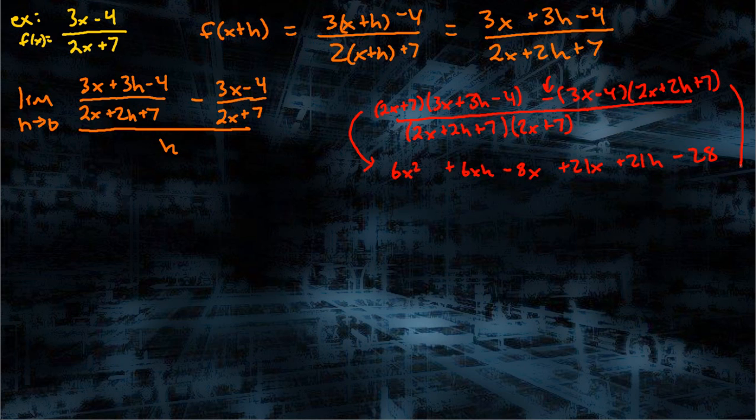Now, that's for this product. I'm going to do this product down here. But note this minus. So I'm going to do the product first, deal with the negative last. So I'm going to get 6x squared, then 6xh, and then 21x.